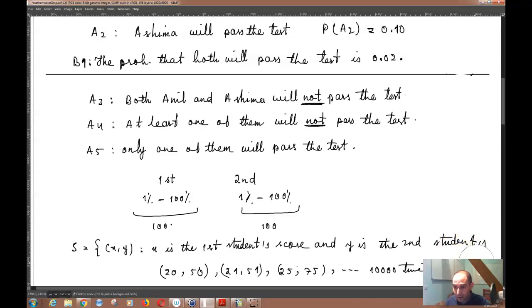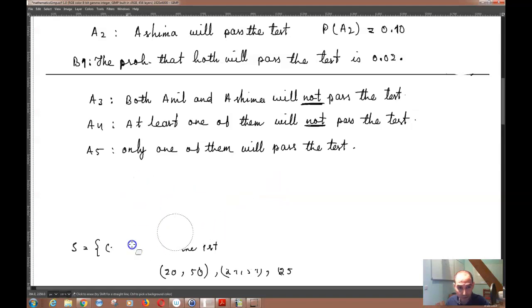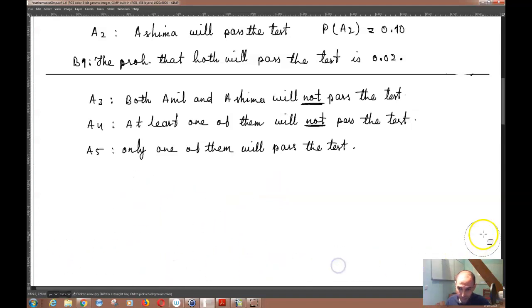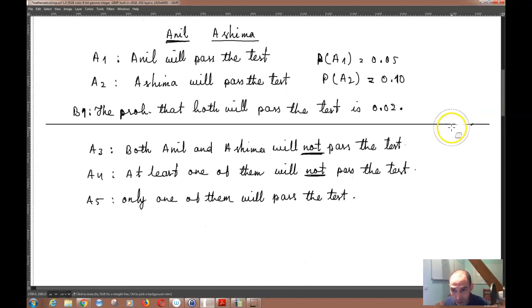Now, none of this has been given to us in this problem. All that has been given to us is that Anil and Ashima, and I'm taking Anil to be a boy and Ashima a girl, have taken part in this examination.